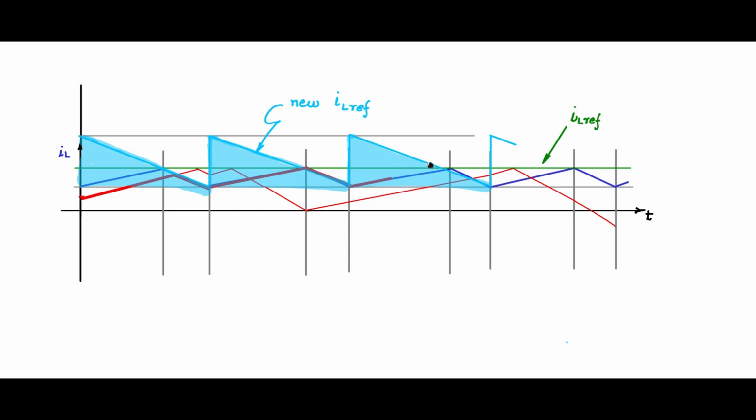Once we generate that, our current controlled converter is ready for performing battery charging operation with MPPT. Let us now understand what slope compensation is and how to obtain the slope compensated reference waveform, with the help of some waveforms with respect to time.